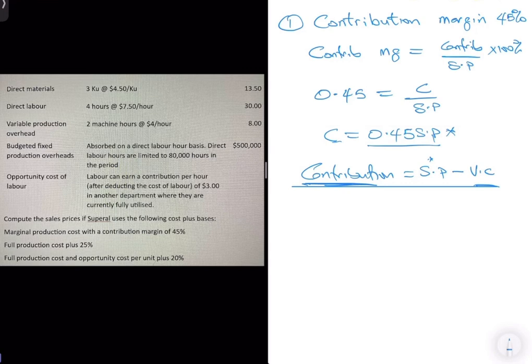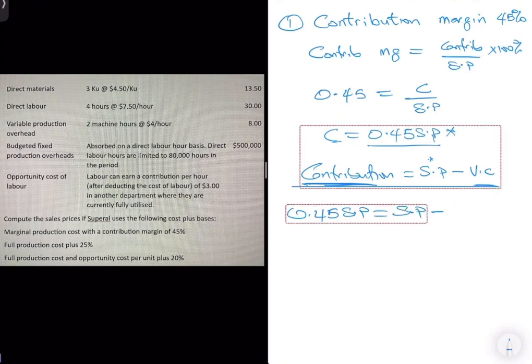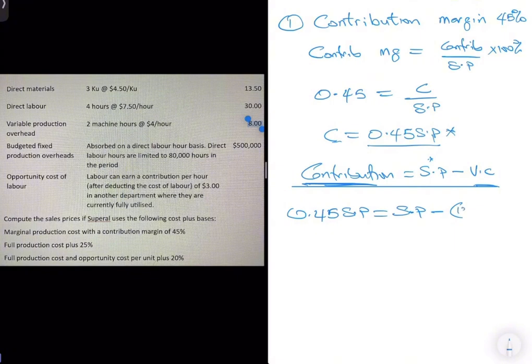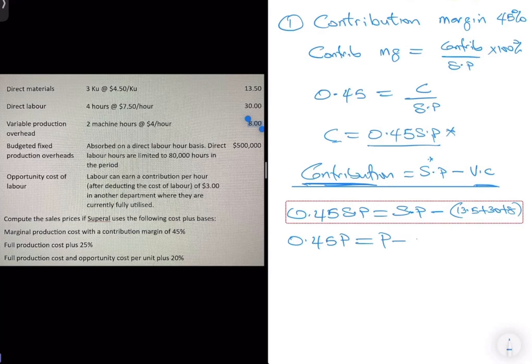So we know contribution is 0.45 selling price, which equals selling price minus 13.5, 30, and 8. Those are the 3 components of variable cost. I'll add them together, 13.5 plus 30 plus 8, which gives 51.5.